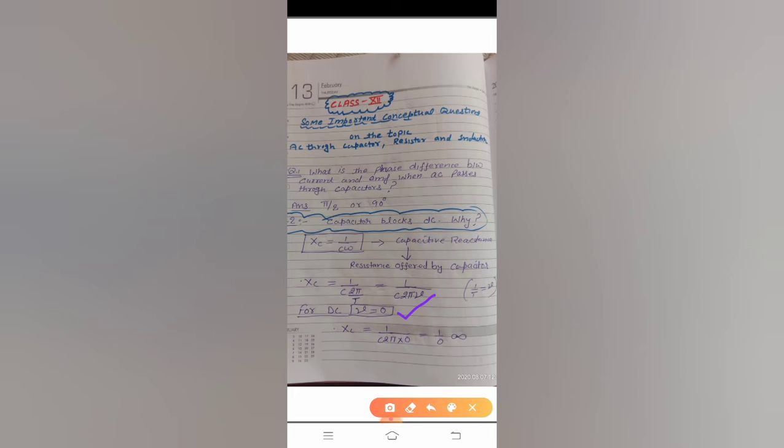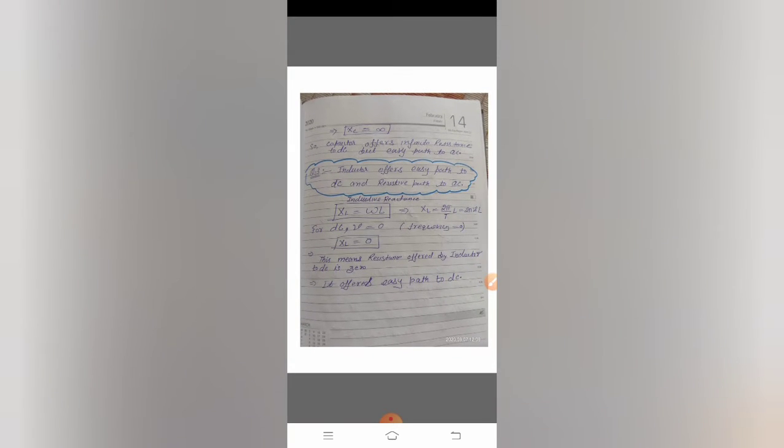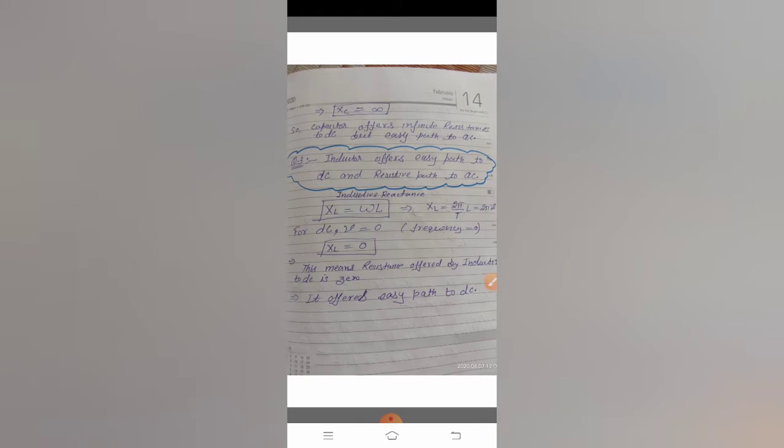So if nu is 0, then what will be XC? You just see, XC will be 1 upon C into 2 pi into 0. 0 multiplied by anything is 0, and 1 upon 0 is equal to infinity. So how much resistance does the capacitor give to DC? Infinite. Very large resistance is offered by the capacitor to the flow of DC.